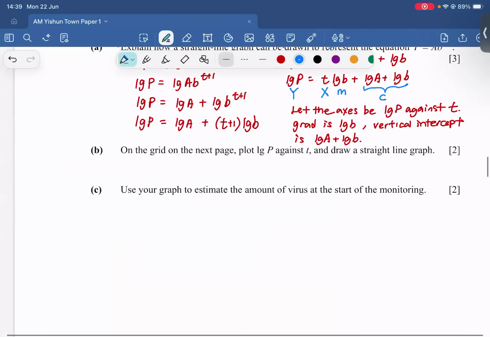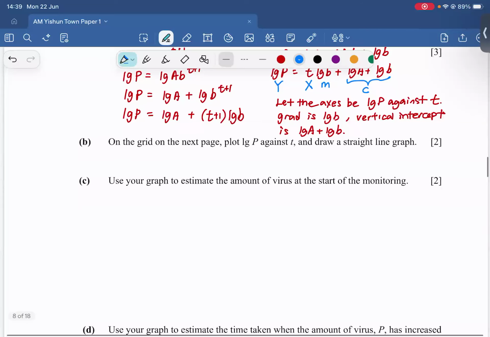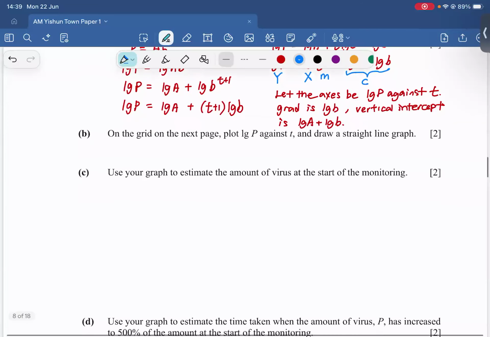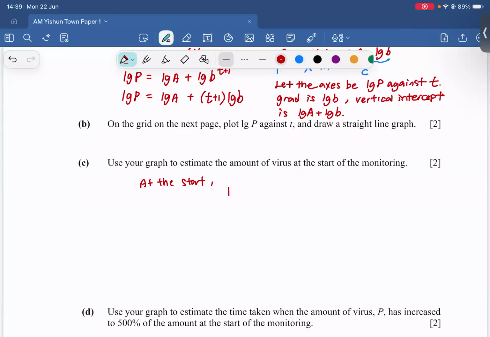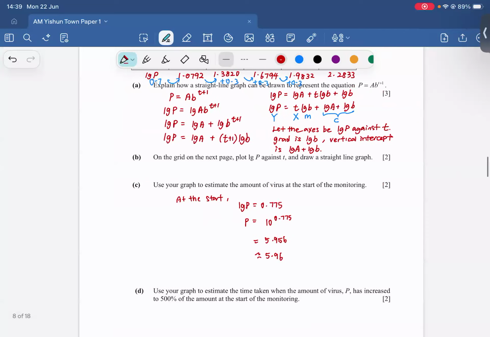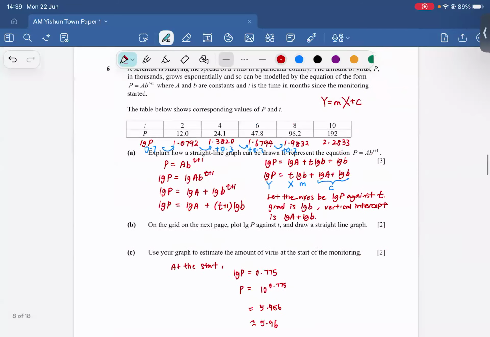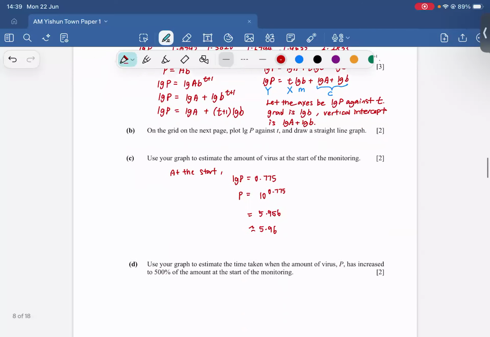So at the start, we know that log p is equal to 0.775. So now p is just equal to 10 to the power 0.775. That will give us 5.956, approximately 5.96. So the amount of bacteria is 5.96 thousand.